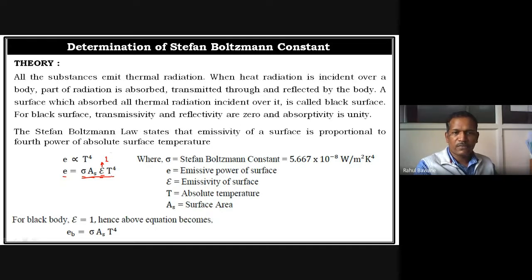For a black body, the emissivity term is removed because it is equal to 1, so our equation changes to EB, the emissive power of a black body, equals sigma, surface area, temperature raised to the power 4.